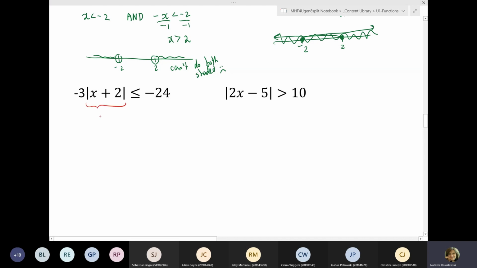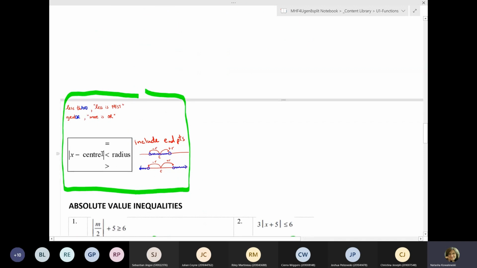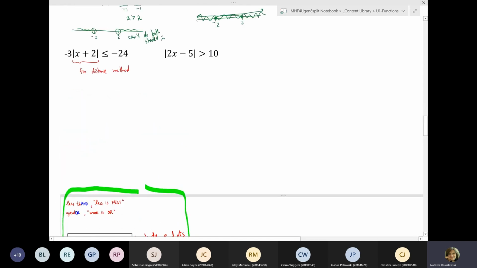But I'll show you the algebraic method as well. You want to have x without a coefficient, and you don't want any coefficient on this side, okay? And I'm going to show you what this represents with an example.